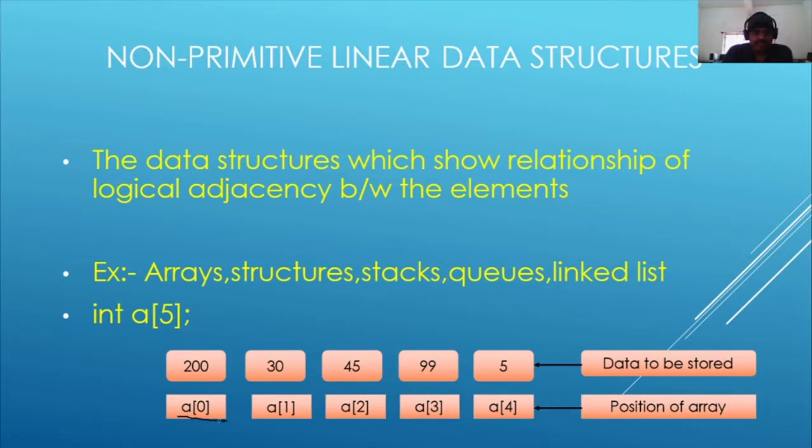Here A of 0, A of 1, A of 2, A of 3, A of 4. As we know, the first element of the array always begins with 0 and ends with n minus 1. So here n will be 5, minus 1 leads to 4.